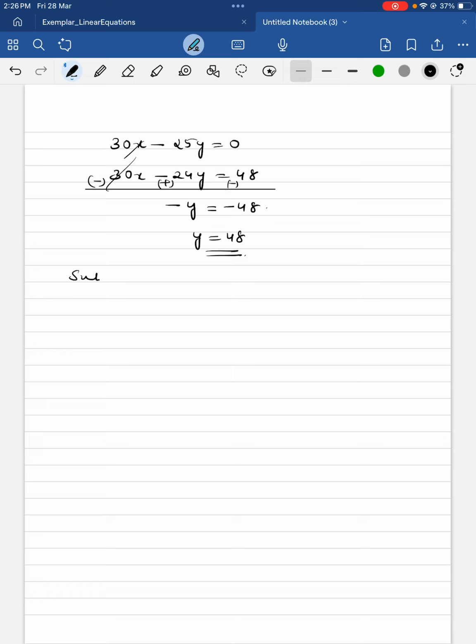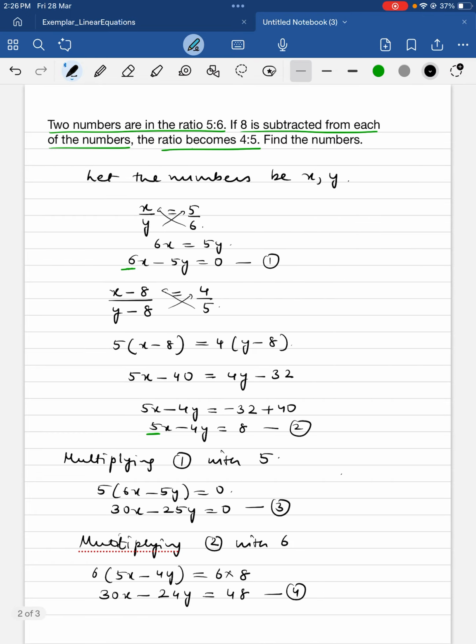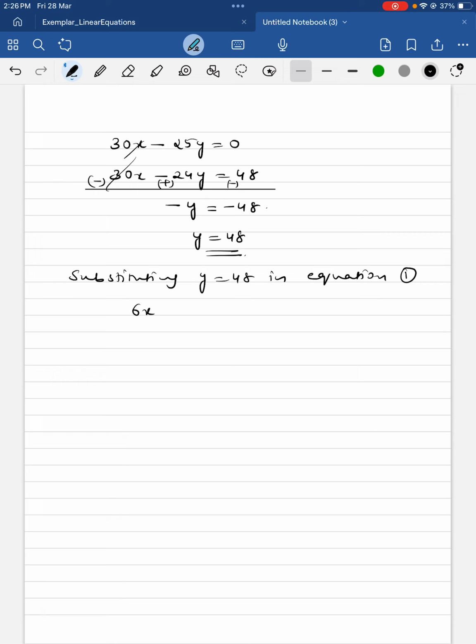Now substituting y equal to 48 in equation 1. So equation 1 was 6x minus 5y equal to 0. So 6x minus 5 times 48 equal to 0, or 6x would be equal to 48 times 5, which is 240.